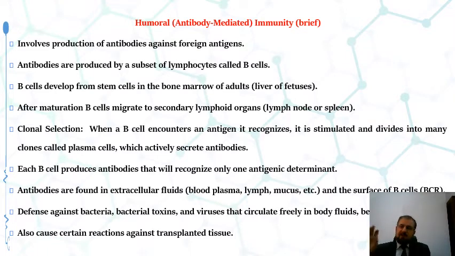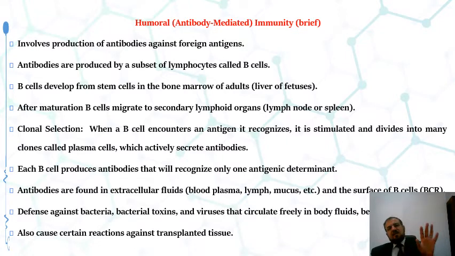The plasma cells are the effector cells of the humoral immunity. They are the cells that can produce and secrete the secreted form, or soluble form, of antibodies that will react against the antigen, helping in elimination of the pathogen from the body.